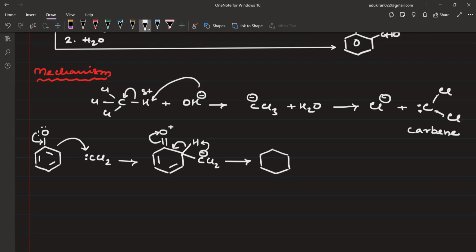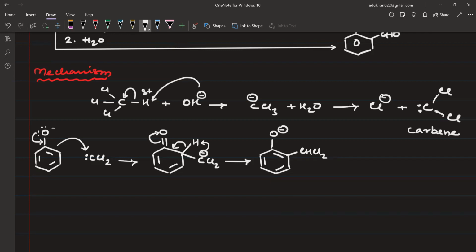We have O negative. It will form a double bond. Remove the charge from here. It will again make a single bond O and negative charge here. And this will be double bond, this will be double bond, this will be double bond, and this CCl2 will become CHCl2.